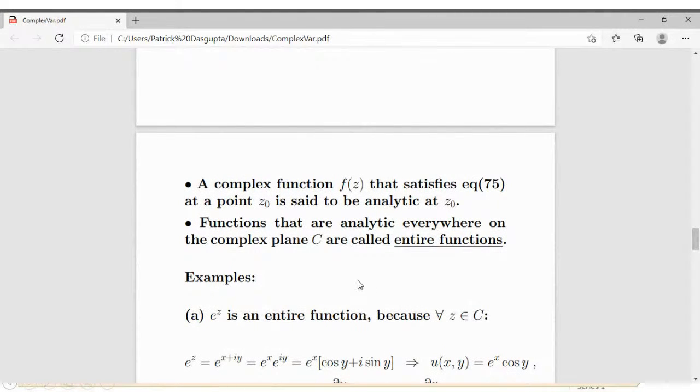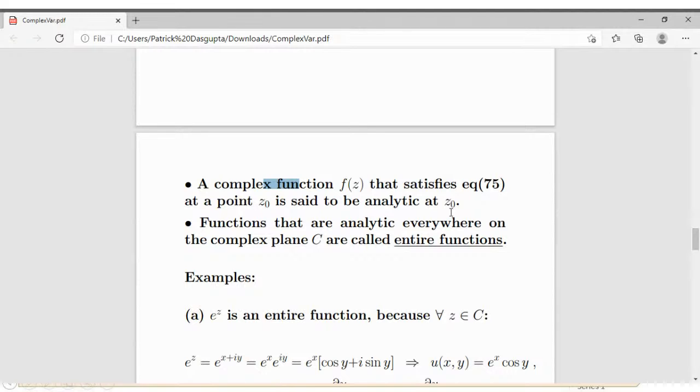Similarly, the other term that is also used is, if a complex function f of z satisfies equation 75 at a point z naught, that means if df by dz exists at the point z naught, then the complex function f of z is said to be analytic at the point z naught.